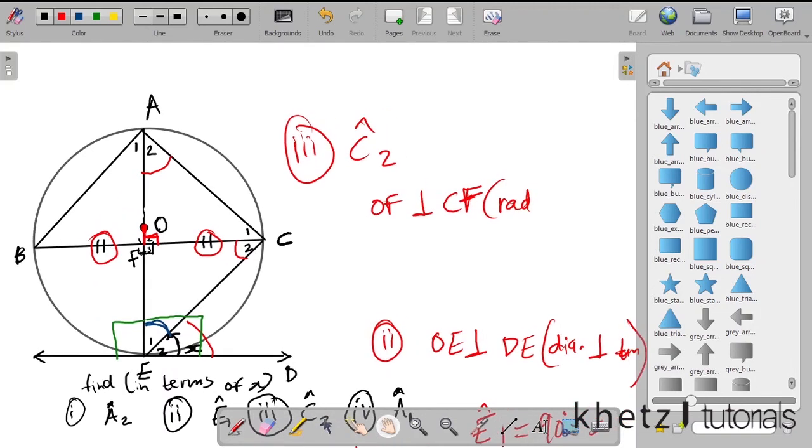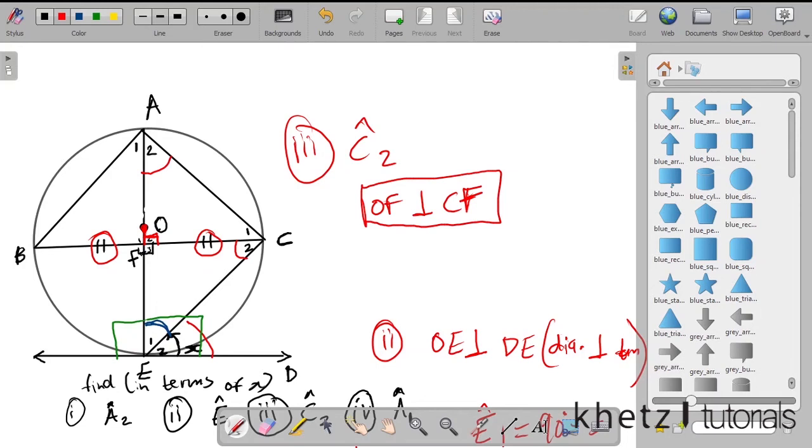I'm not quite sure about the exact name of this theorem, but the theorem says that if you have a radius which goes to a line and it splits the line into two, then you basically have the radius perpendicular to that line.